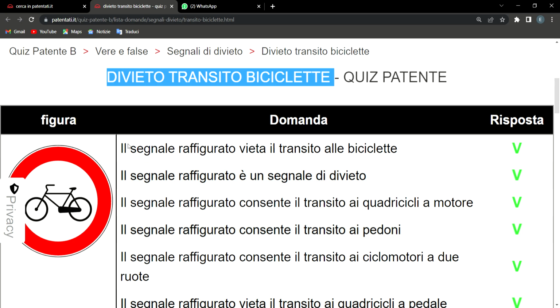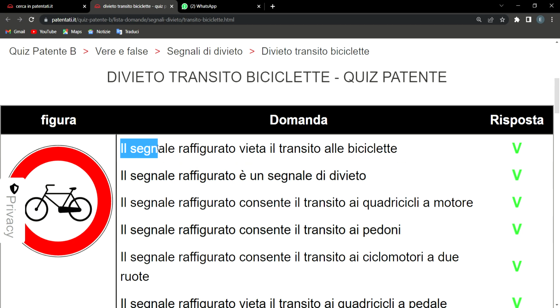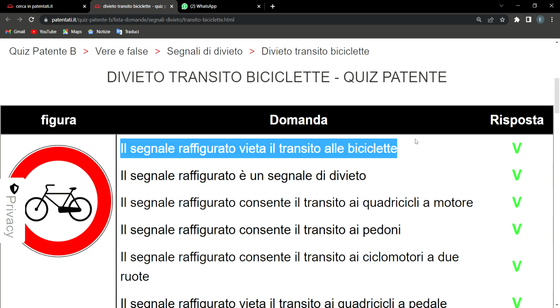Number one question says, il segnale raffigurato vieta il transito alla bicicletta. The answer to this one is vero, and I will explain the reason why. This sign forbids.